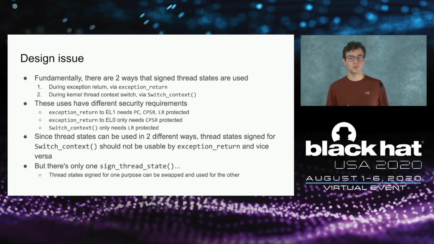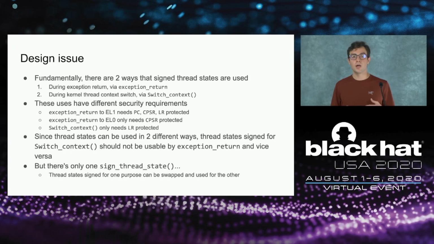For exception returns to user mode, so imagine a system call and you're returning from the end of a system call, you really only care about the CPSR register. The reason for that is all you really care about is that when you return from the system call, you are indeed jumping back into user space. Someone hasn't tampered with CPSR to make you return into kernel mode instead. So in this case, when you're returning to user mode, you really only care about CPSR.